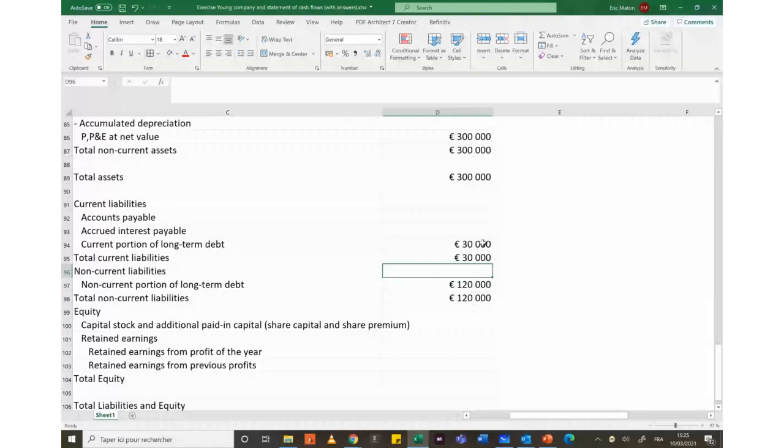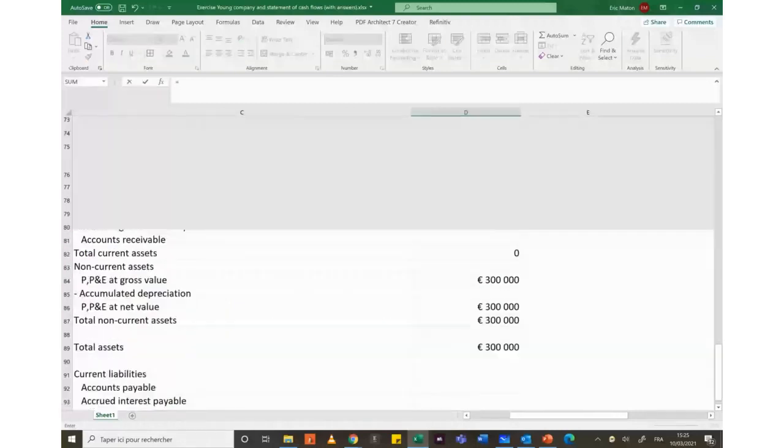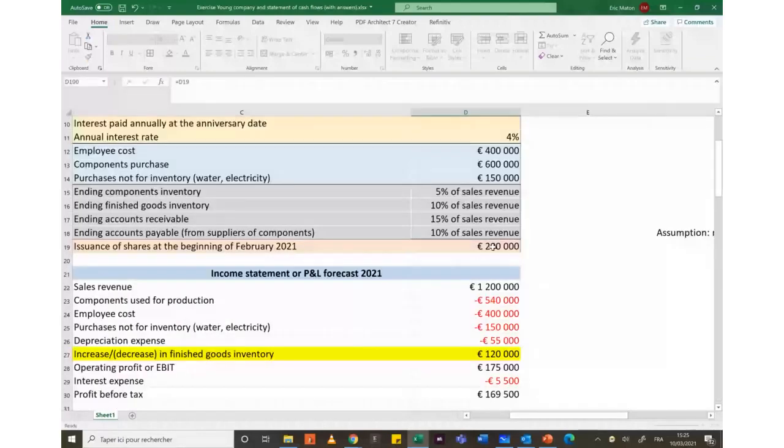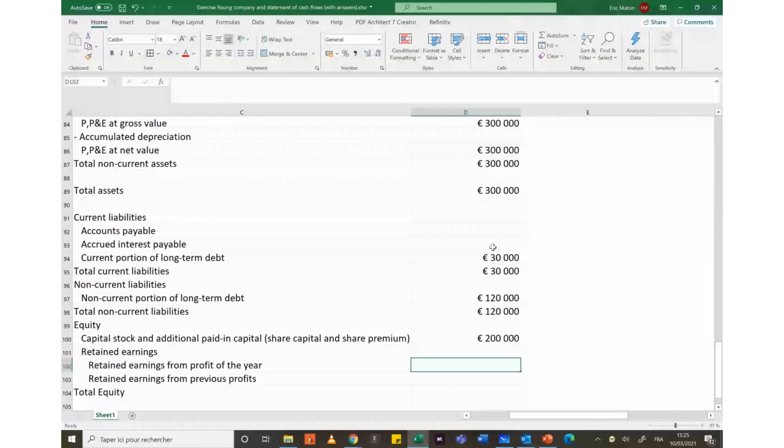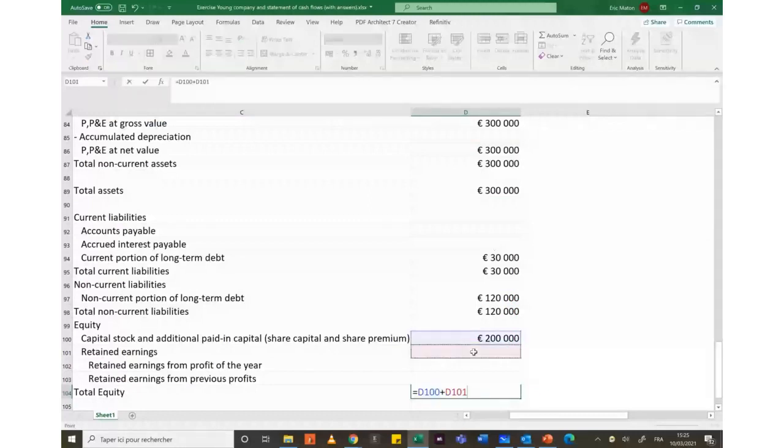In the capital stock, I have the issuance of shares. So here is equal to the issuance of shares, 200,000. In the retained earnings from the profit of the year, nothing here. So in the total equity, I have directly only the capital stock and additional paid-in capital. So 200,000.